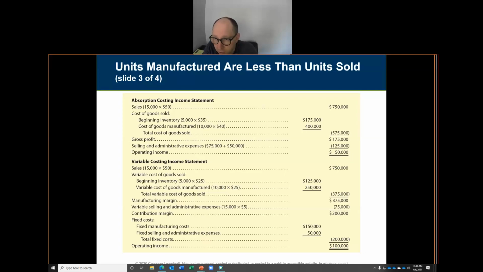Total cost of goods sold is 575. Sales minus total cost of goods sold equals gross profit 175, minus selling administrative expenses of 125. Remember that's variable plus fixed. Equals an operating income of 50,000. That's gross profit minus selling administrative expenses. Remember, anytime you see the number in brackets, it means it's negative or minus. We're subtracting.